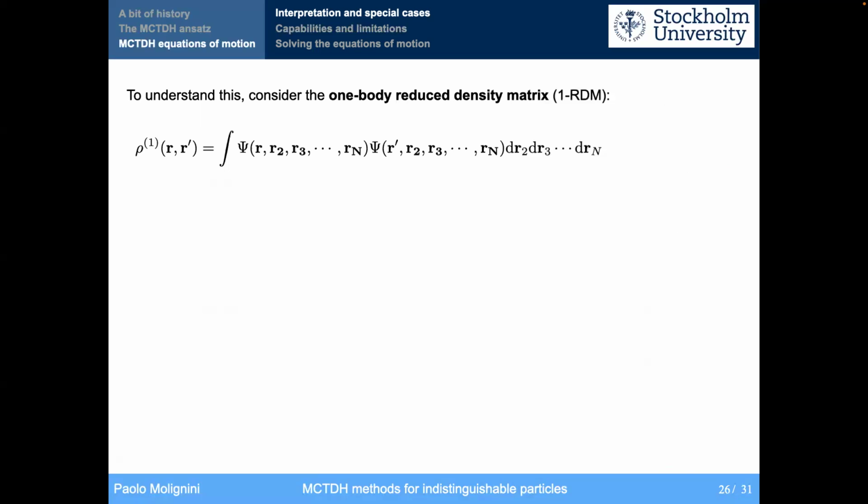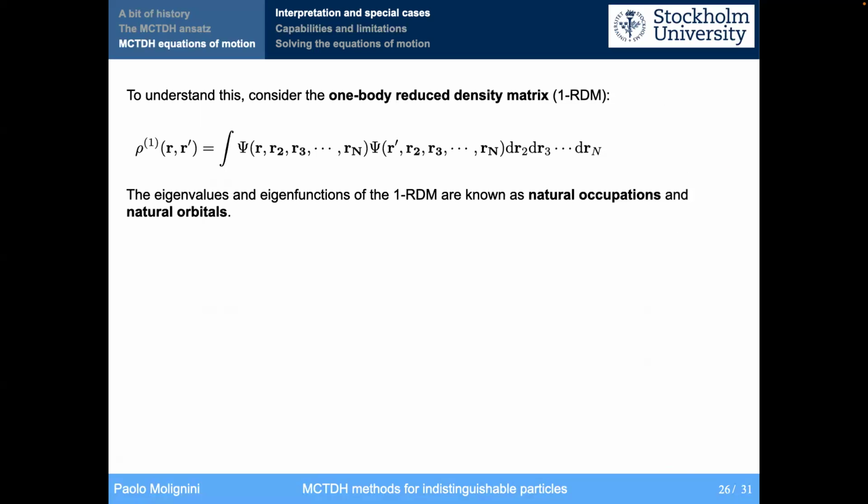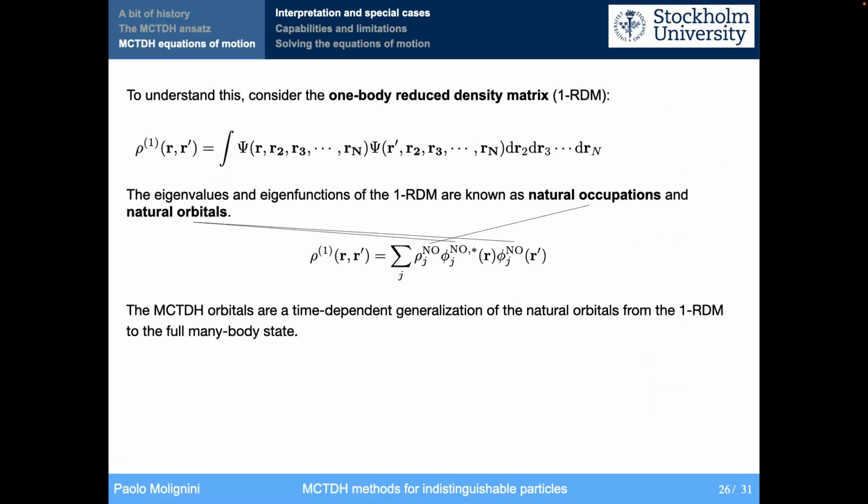You take the many-body wave function, calculate the overlap with itself, but integrate out all the degrees of freedom except one particle. So you restrict the information about the many-body state to one particle only. If you calculate the eigenvalues and eigenfunctions of this quantity, the 1-RDM, these are known as natural occupations and orbitals. They give you information about condensation and fragmentation.